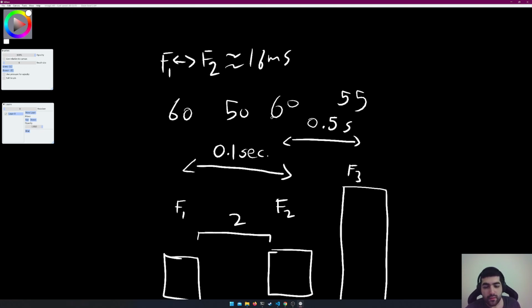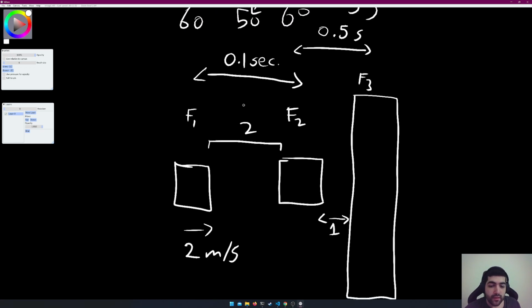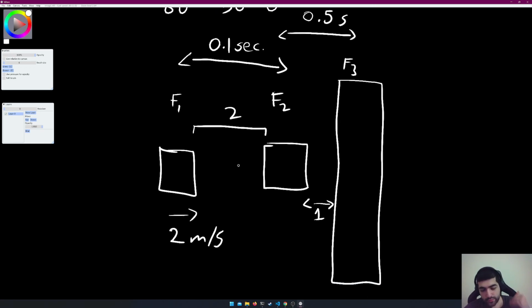And at 30 frames per second, the time between one frame and another is around 33. So every time the frame rate changes, there are different times between frames. We need to handle these in such a way that our objects in the game move at a constant rate. If their speed is 2, it should move at 2.